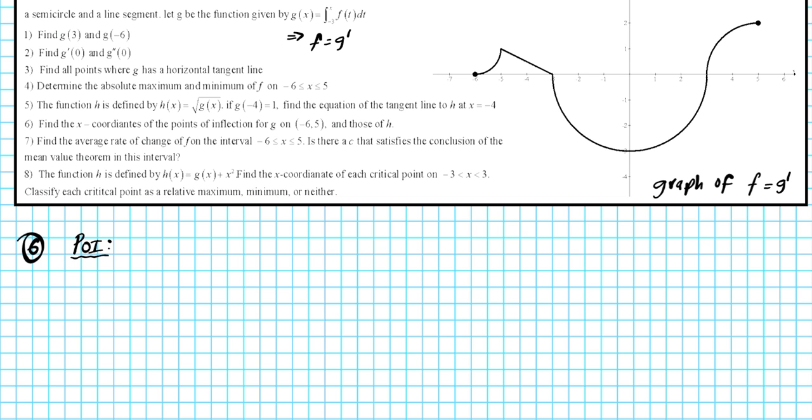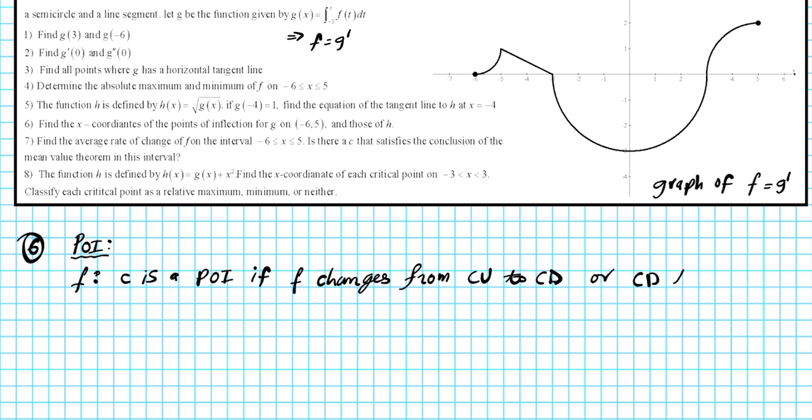For f, if you're given the graph of f, how do you find the points of inflection? c is a point of inflection if f changes from concave up to concave down, or it changes from concave down to concave up. So if there's a change in concavity on the graph of the original function, then you have a point of inflection at that point where the concavity changes.